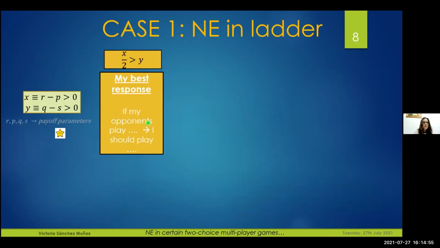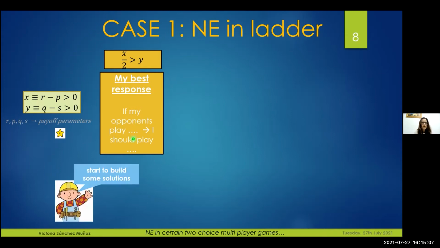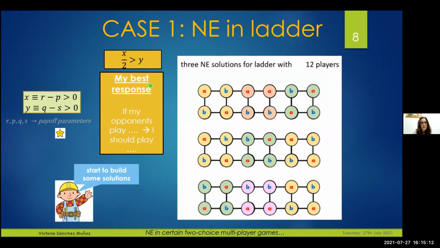So we have the payoff parameters that obey this relation, and we have this list, which I didn't show, but it's not important. So what do you do then? Well, you start to build some solutions. So for instance, here I'm showing 3 Nash equilibrium solutions for the ladder with 12 players. 12 players, we have 12 nodes here.